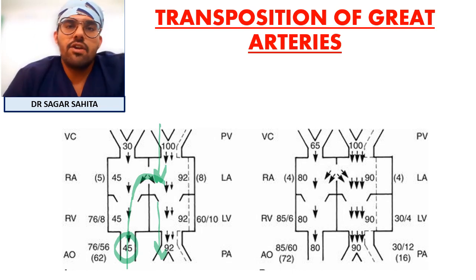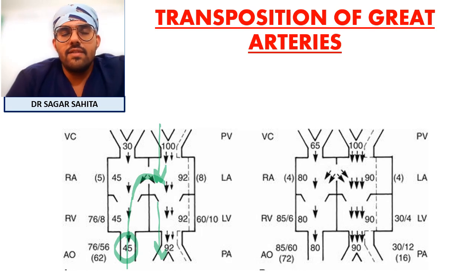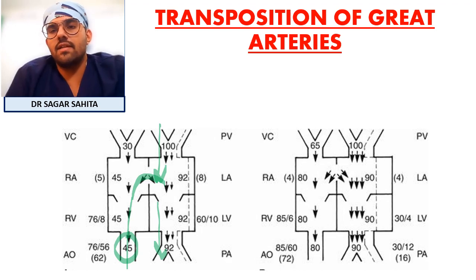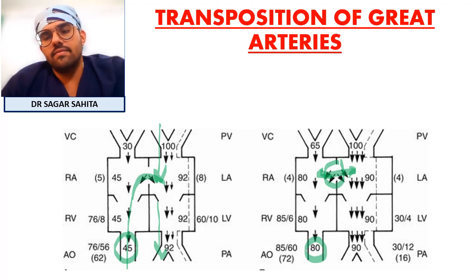So there is inadequate or poor mixing in these cases. This child will develop shock, hypoxia, and acidosis very soon. So what we do in these children is usually a balloon atrial septostomy. Kids with transposition who have a large unrestricted ASD have good mixing of the blood. You can see the saturation in this case has improved to 80.